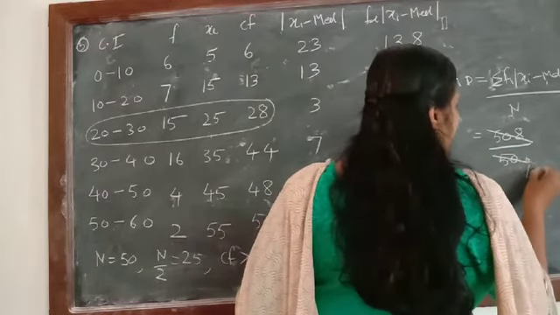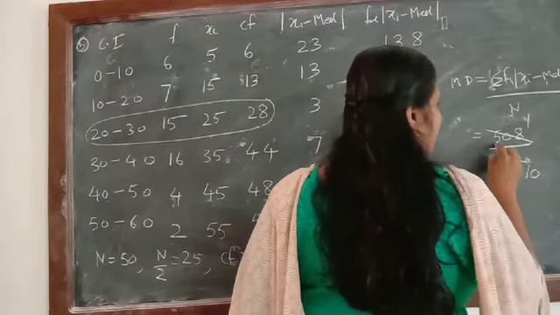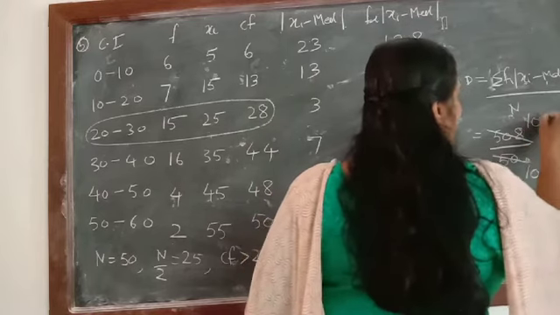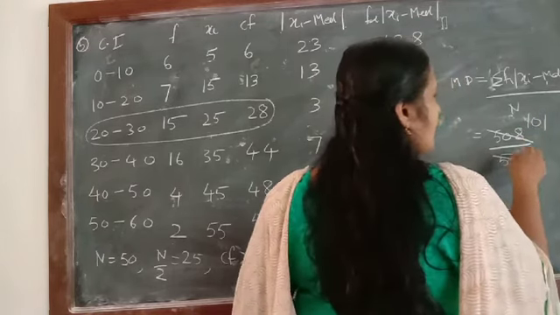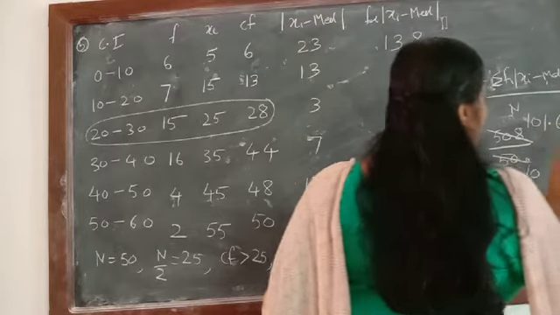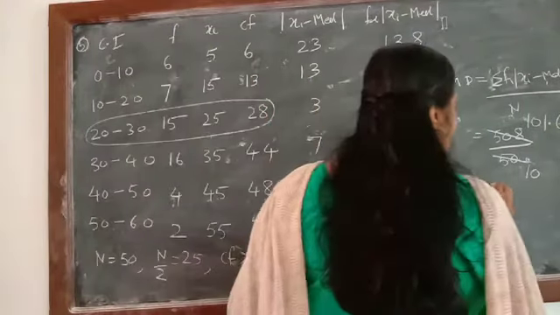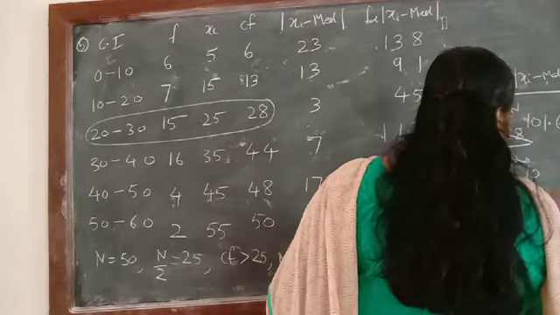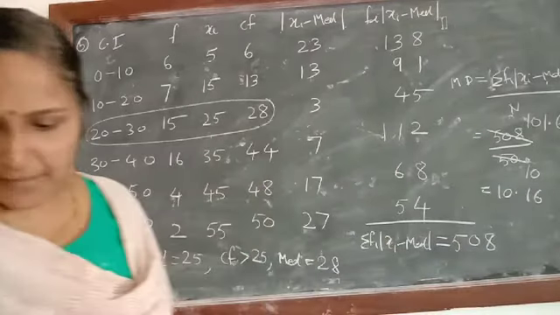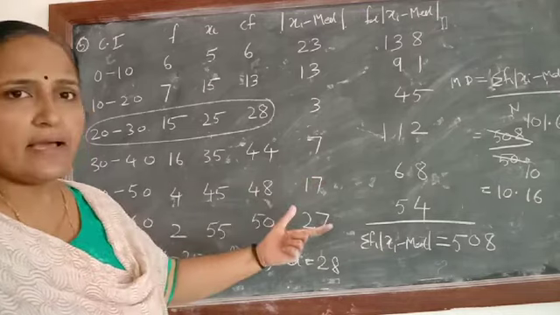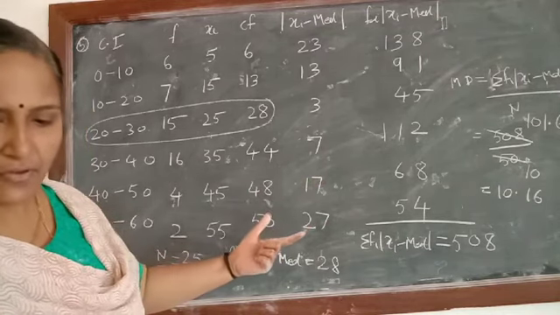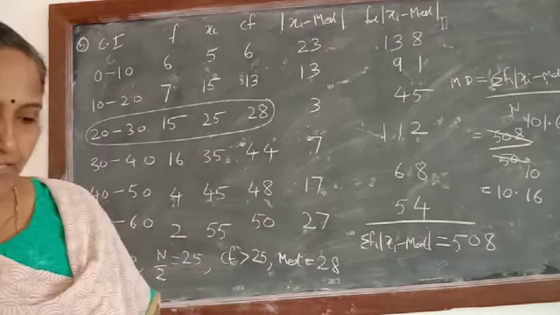Then we'll get there 5 ones are 5, 0. 5 ones are 5, 0. 5 ones are 5. 8 minus 5, 3. So it will be equal to 101.6 divided by 10. So we will get there 10.16 mean deviation. Okay, I think this question is clear. Okay, now we can check the next question.